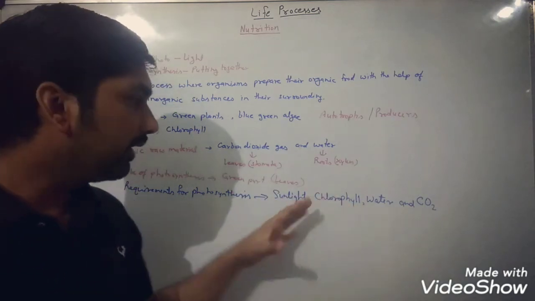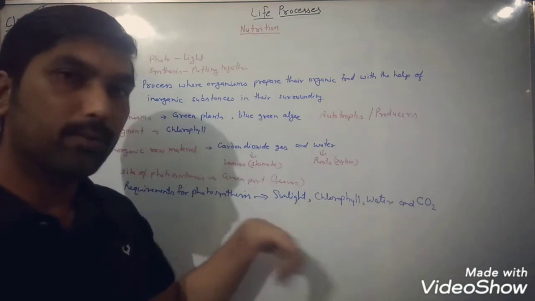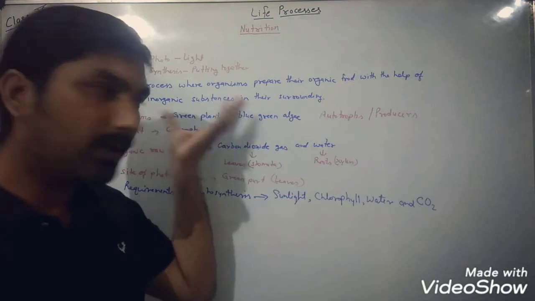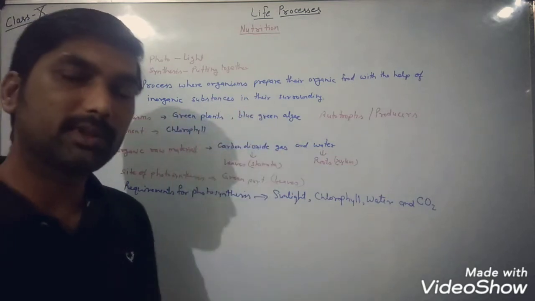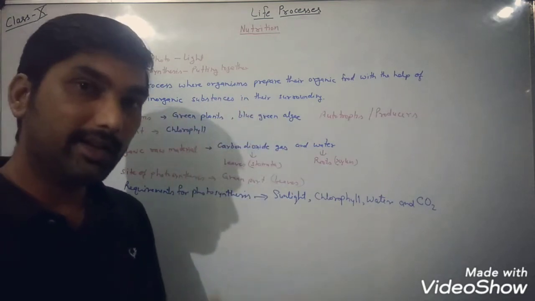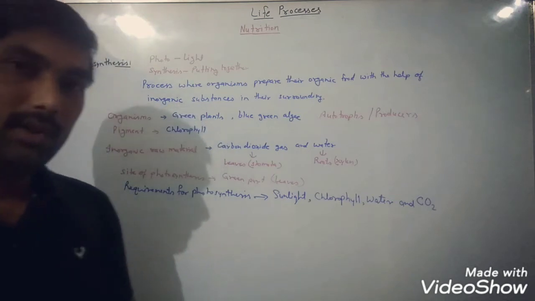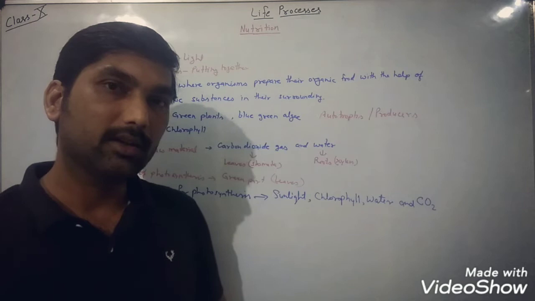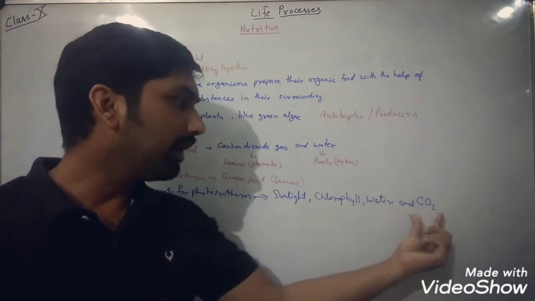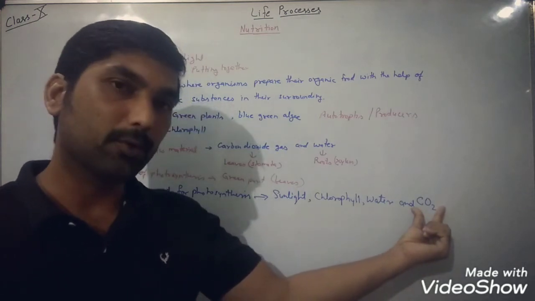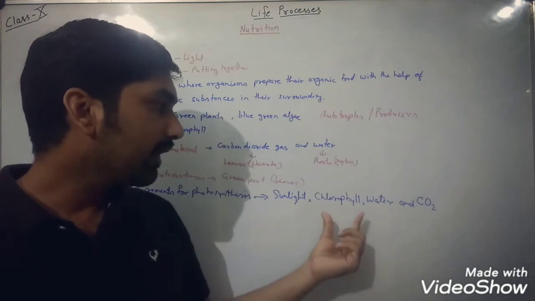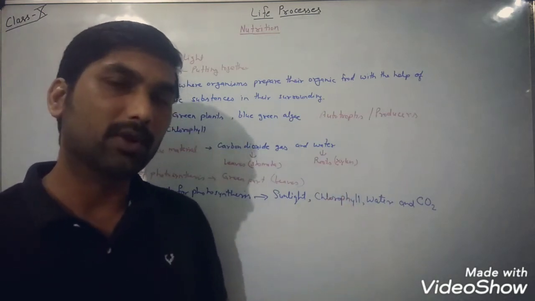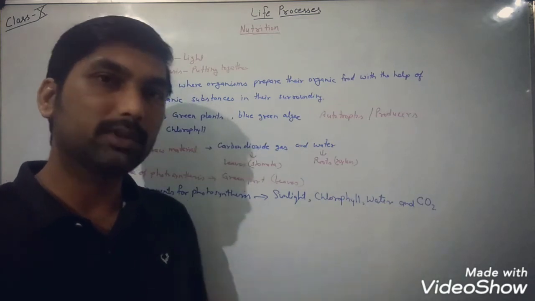Until and unless these requirements are fulfilled, the plants will not be able to perform the photosynthesis process. There are 2 experiments given in your NCERT book to demonstrate that carbon dioxide is necessary for photosynthesis, and that the presence of chlorophyll is also essential.